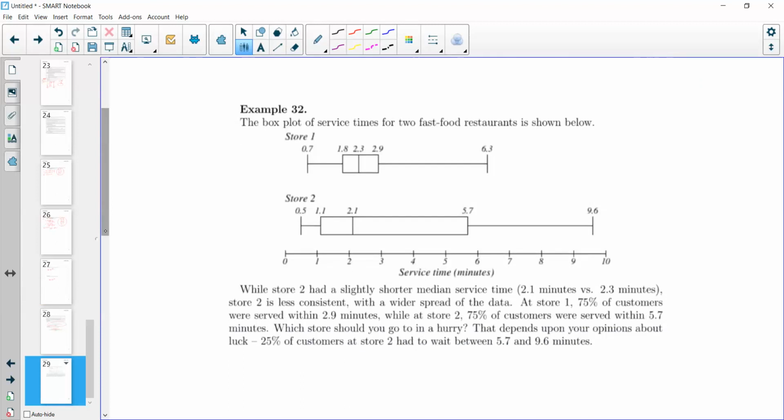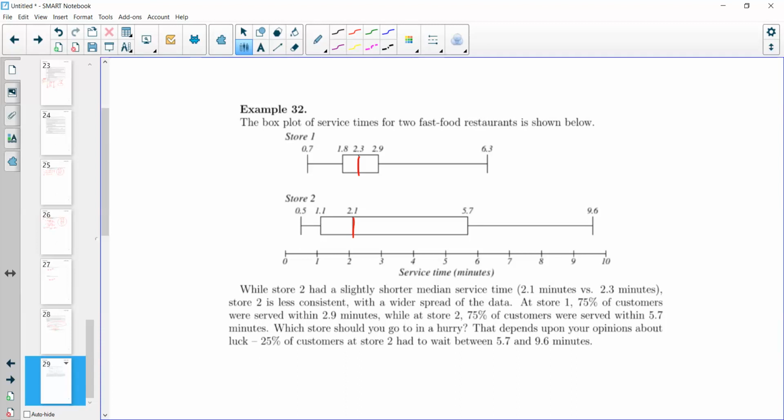Now we're going to a fast food restaurant, or one of two. We have a box plot of the service times for two fast food restaurants as shown below. So, while store two has a slightly shorter median service time, 2.1 to 2.3, store two is less consistent with a wider spread of the data.